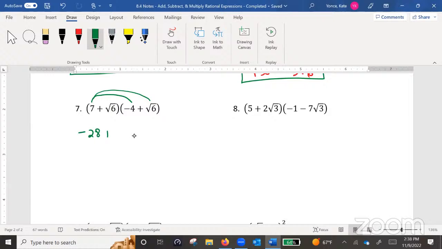But we just have to say 7 square root of 6 because the 7 is not in the radical. Okay, yeah, like 7x, as if this had been an x. Radicals are very much like variables as far as like terms, and when you distribute, you would just say 7x. It's kind of like that idea.